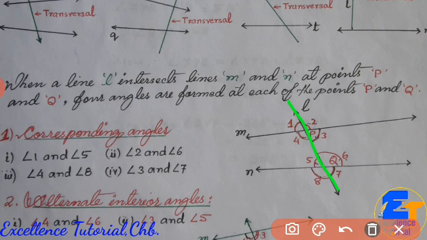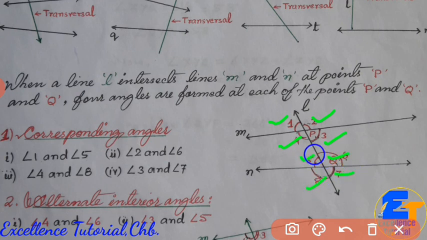You can see line L is intersecting line M and line N at two distinct points, at point P and at point Q. So at point P, how many angles are formed here? See, how many angles are there at point P? 1, 2, this is the third angle, this is the fourth angle.